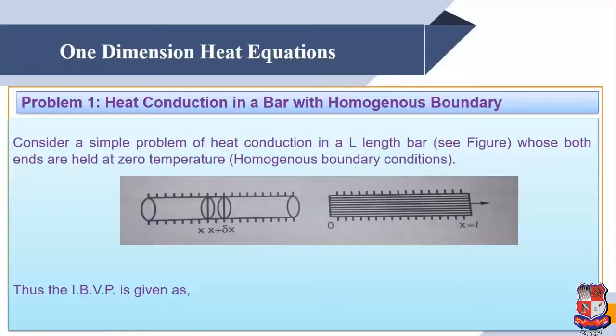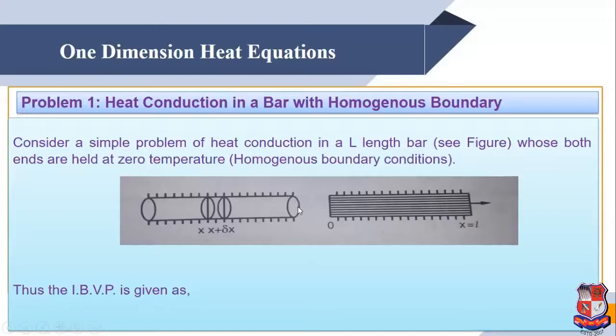One is heat conduction in a bar with homogeneous boundary. Homogeneous boundary means both ends are held at 0 temperature. This is called homogeneous boundary.